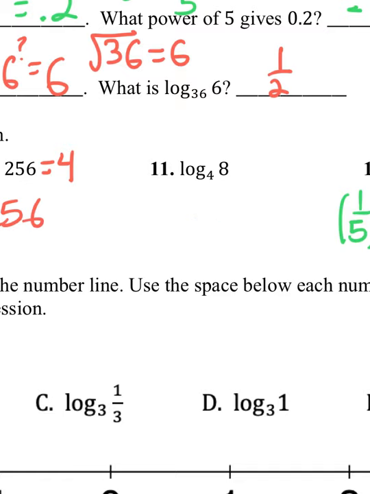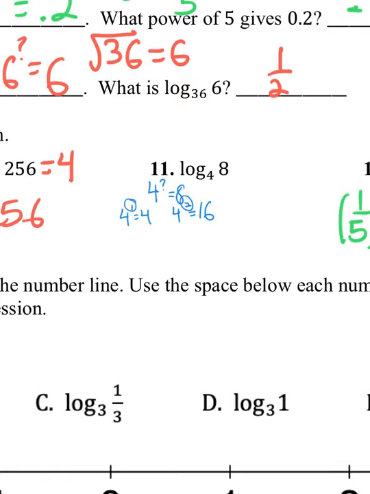What we want to do with this one is ask ourselves, in order to get to 8, I know that 4 to the first is 4. 4 squared is 16. So our exponent is going to be between what 2 numbers? 1 and 2. Because it's got to be somewhere between there. We don't know where exactly between there.